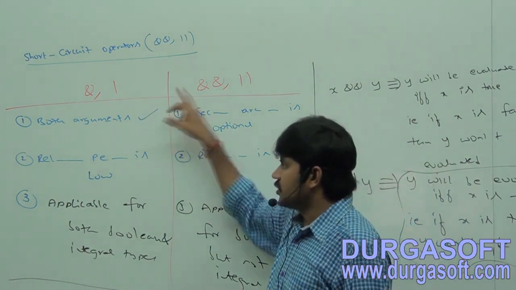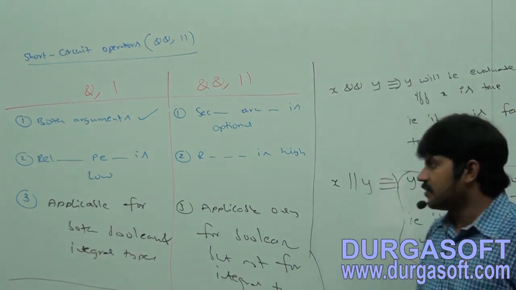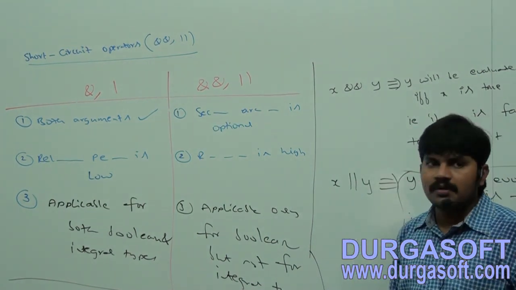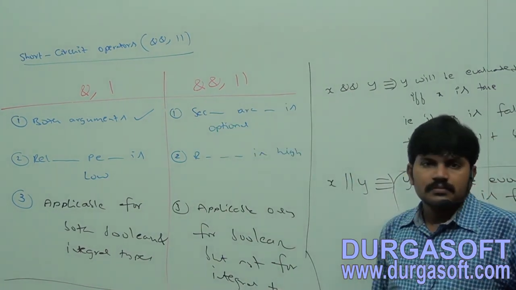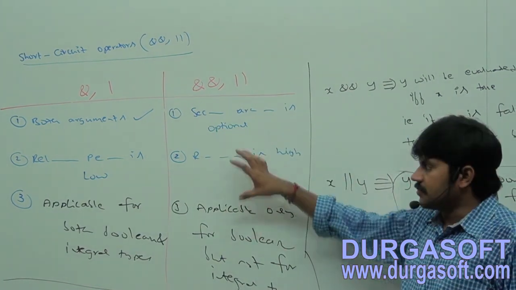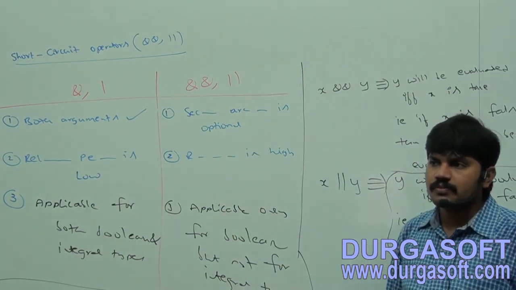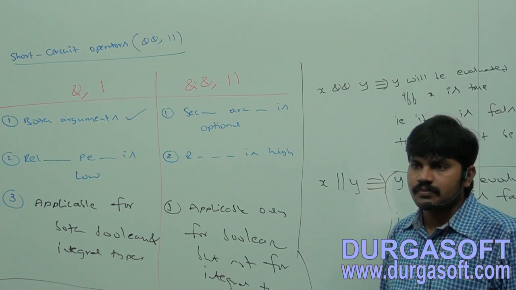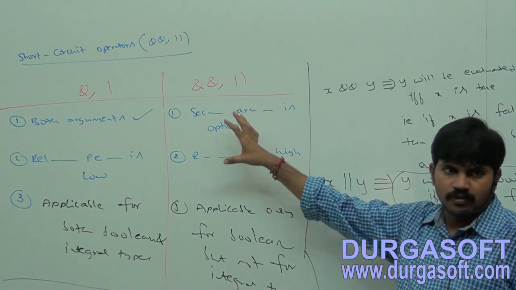Take this pattern, take the table first, and then I will dictate the points. Single AND and single OR, double AND and double OR. Take this table clearly, and I will dictate the points. Completed, right? Only table form.